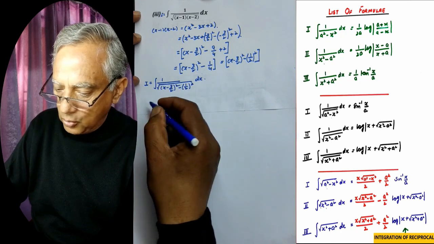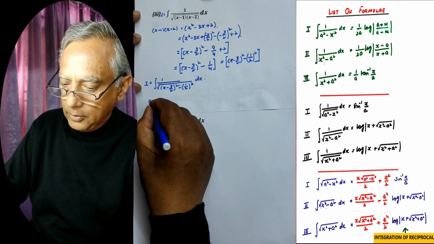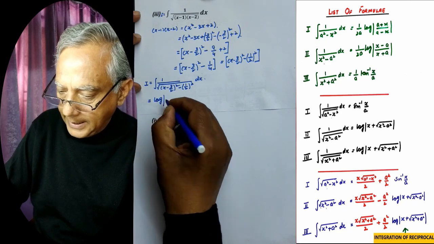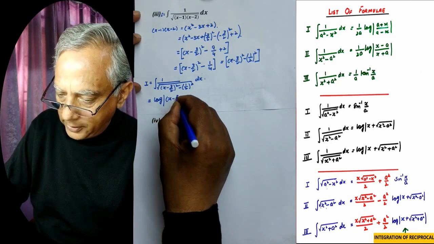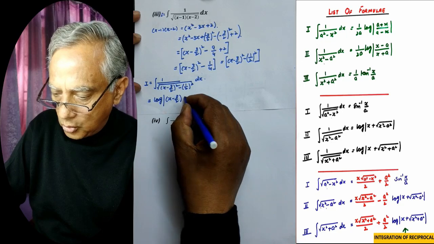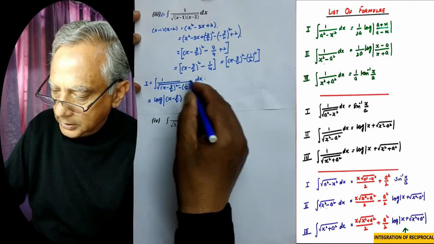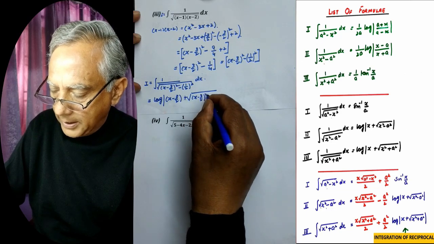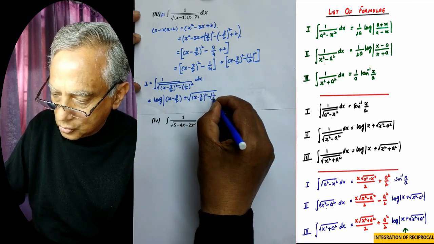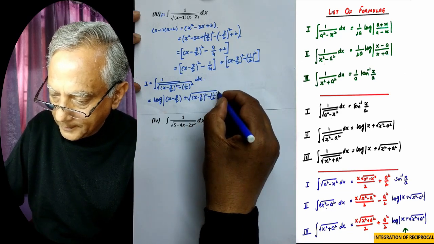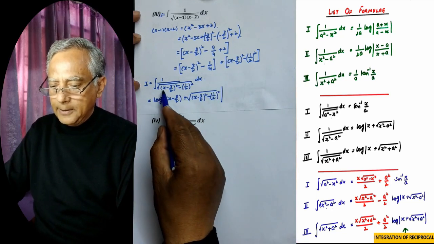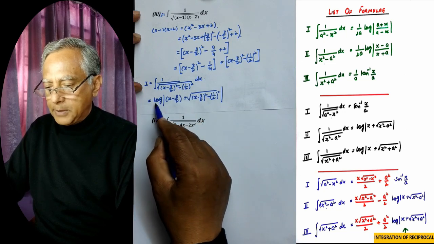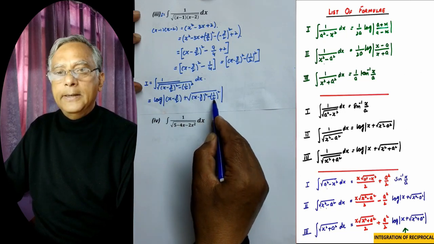So 1 over under root x square minus a square will be log of x plus under root x square minus a square.